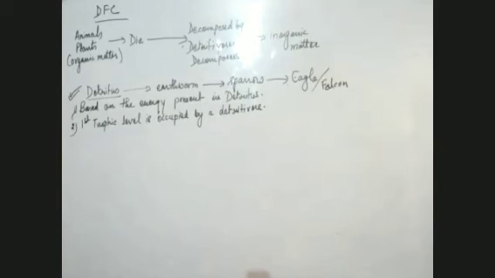Now, the next point: what is released in the atmosphere, in the ecosystem? Inorganic substances are released in the ecosystem or the atmosphere by the decomposers.